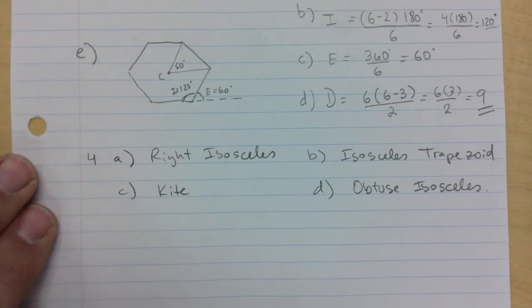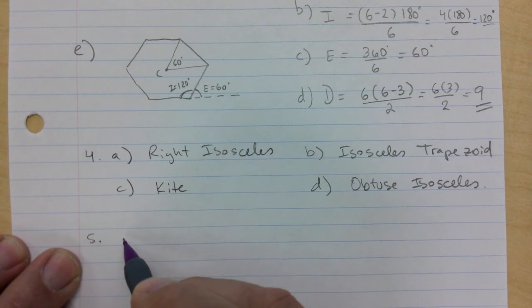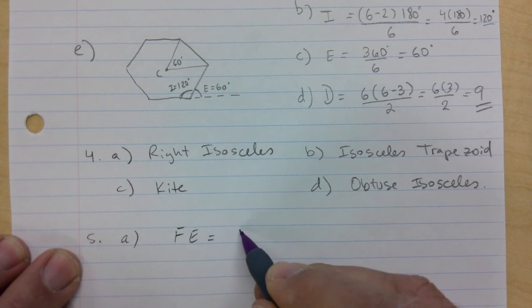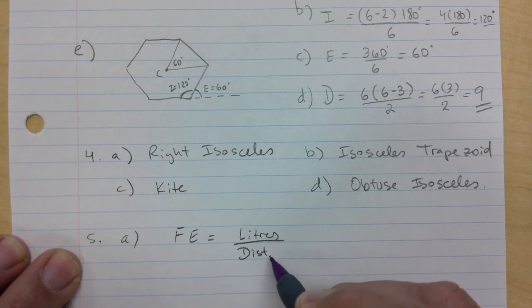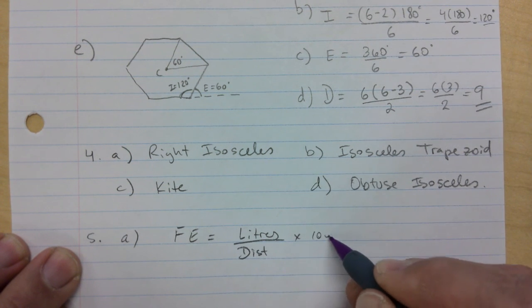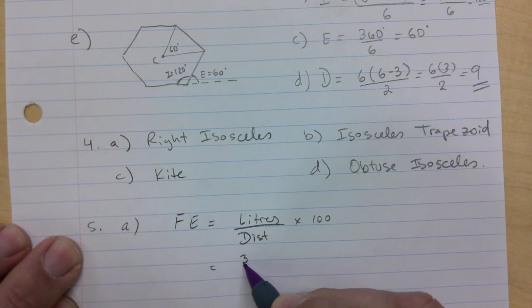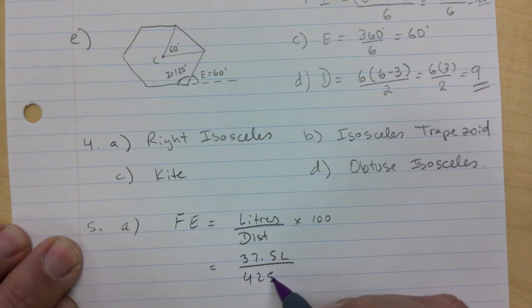Now, for 5, you have the question written down, I'm hoping. So for 5a, fuel economy, it's on your formula sheet. It's liters divided by distance times 100. That's the formula. So we used 37.5 liters, and we drove 425 kilometers.